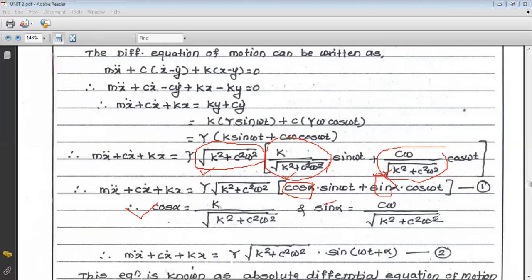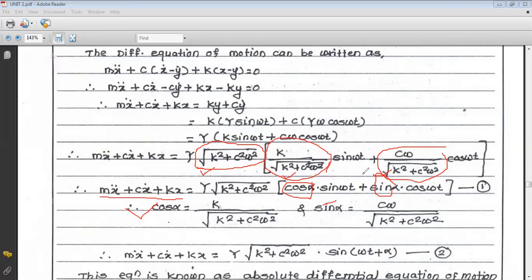So after putting, we get mx double dot plus cx dot plus kx is equal to Y into square root of k square plus c square omega square, into cos alpha sin omega t plus sin alpha cos omega t.